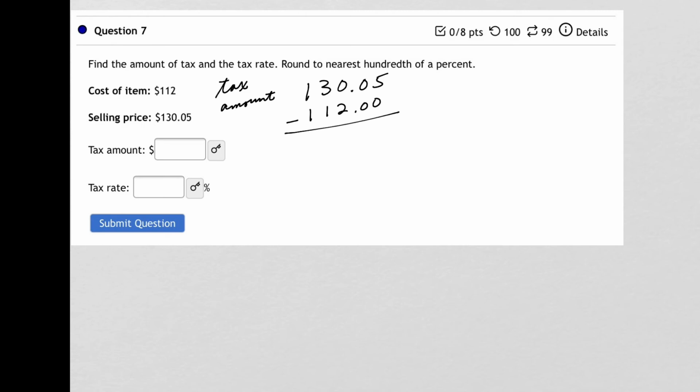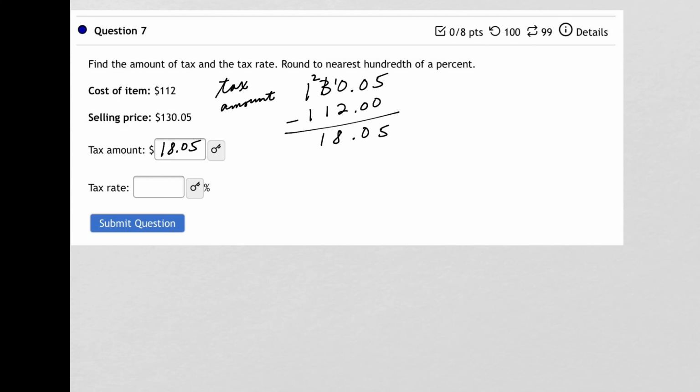I'm going to line up decimals. 112 is a whole number, so I can put the decimal point at the end and add 2 zeros to it. So this will be 5, 0. I need to borrow, right? So that'll be 8 and then 1. So it looks like the actual tax is going to be $18.05.